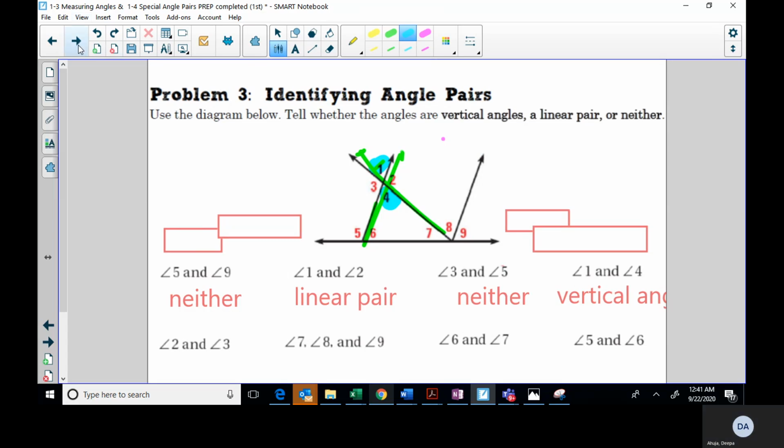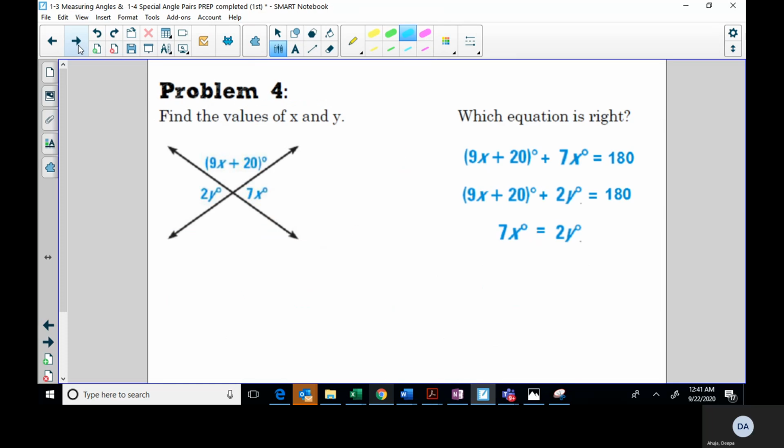Now, let's look at how we will find the value of x and y in the given figure. We just need to find the correct setup. I look at the angle 9x plus 20 plus 7x. This is your 9x angle.